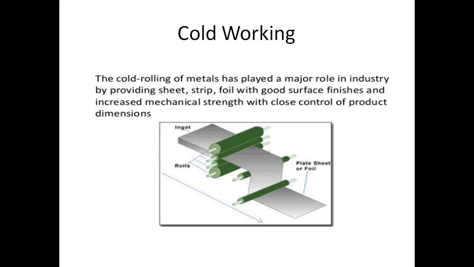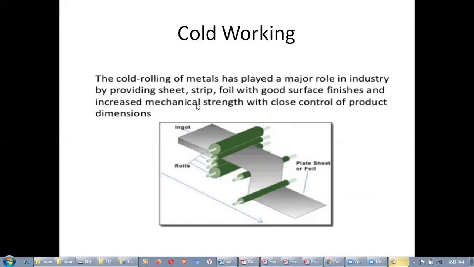That is why it is called cold rolling, so it is below the recrystallization temperature, unlike hot rolling, which is above the recrystallization temperature. In cold rolling, the mechanical strength increases, with close control of the product dimensions.